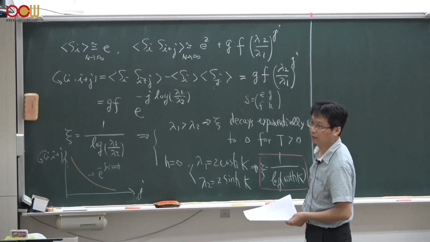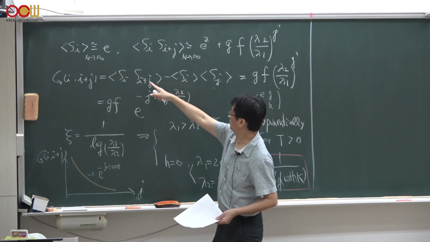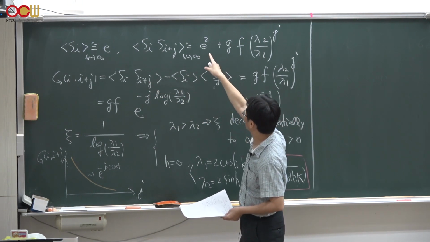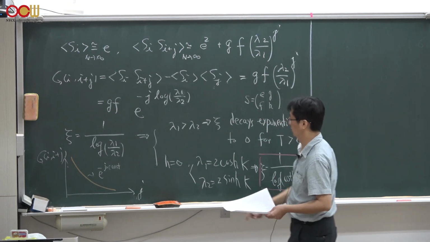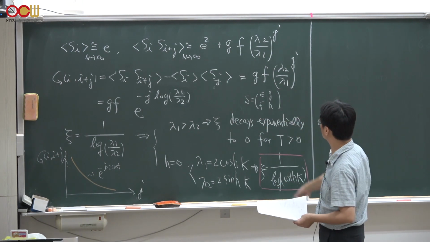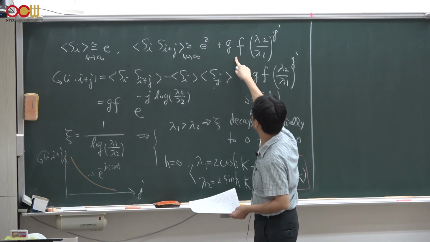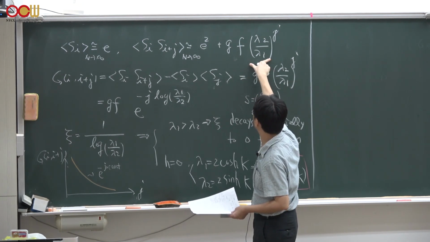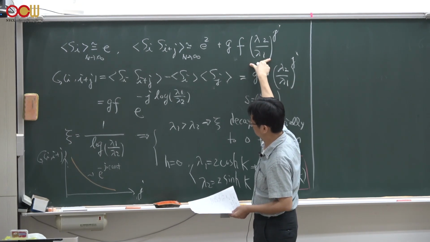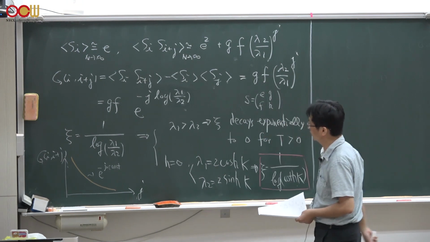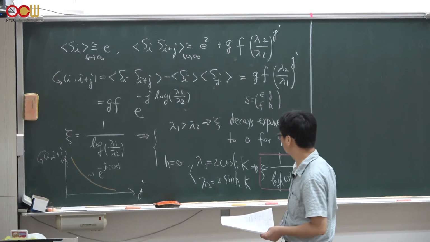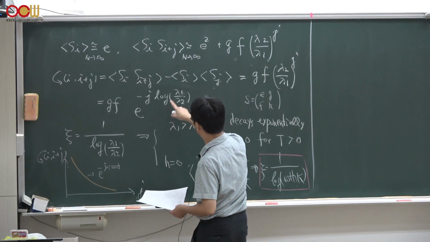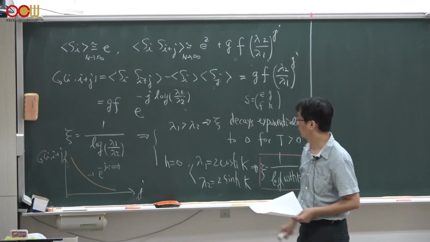So if you simply subtract one from the other, you get cancellation of the E squared term. Then only this G_f times lambda 2 divided by lambda 1 term remains, which can be re-expressed as an exponential function, e to the minus j times log of lambda 1 divided by lambda 2.